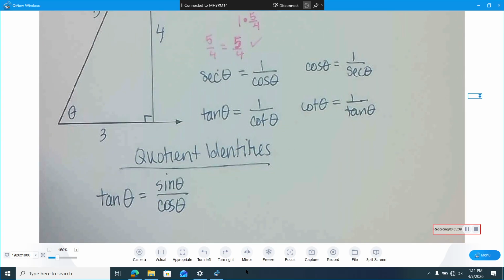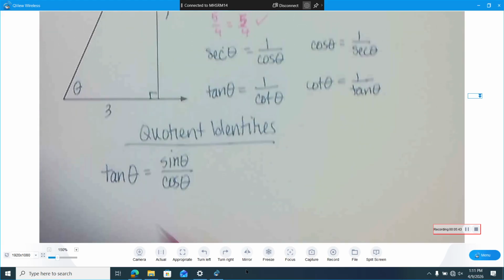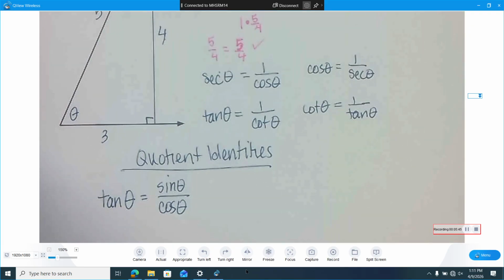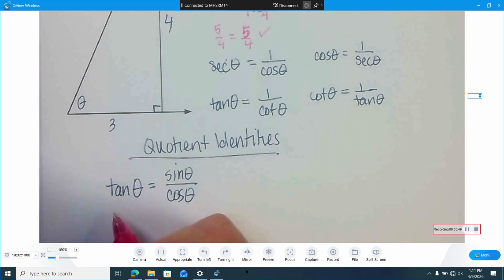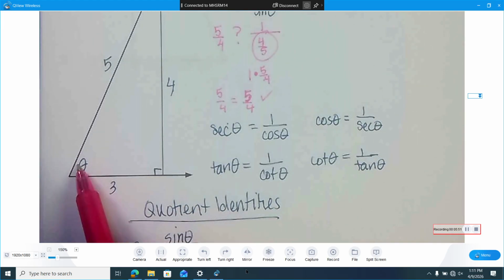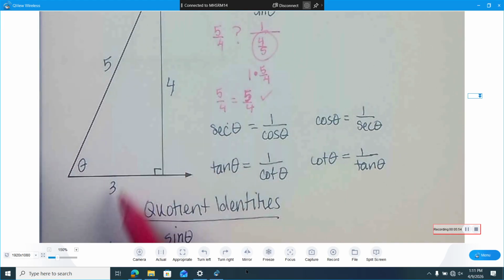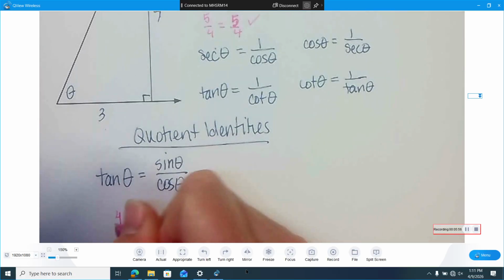Again, I want to prove it to you using actual numbers. So we're going to use our little triangle here to kind of prove it to ourselves that tangent really is sine over cosine. According to my picture here, tangent would be opposite over adjacent. So that would be 4 over 3.